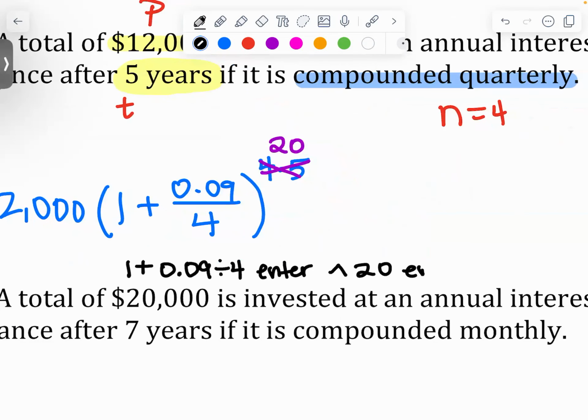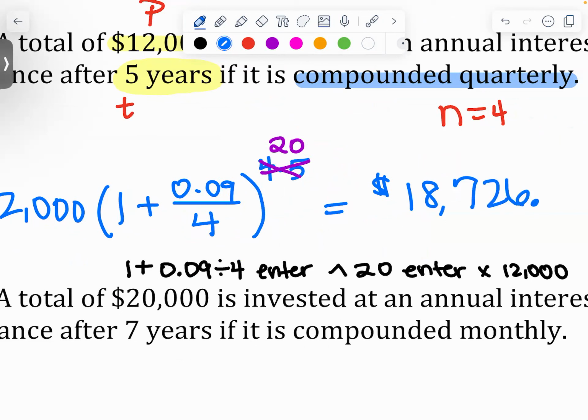And what do we need to do with that? Then multiply by 12,000. You should be getting 18,726.11.